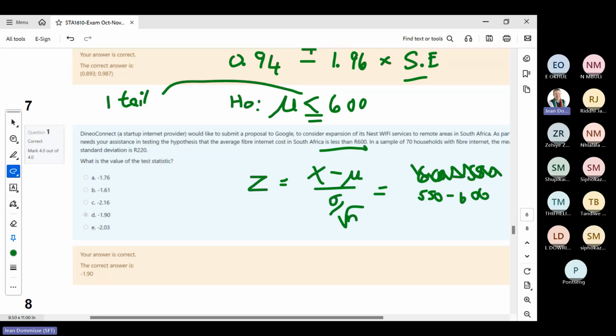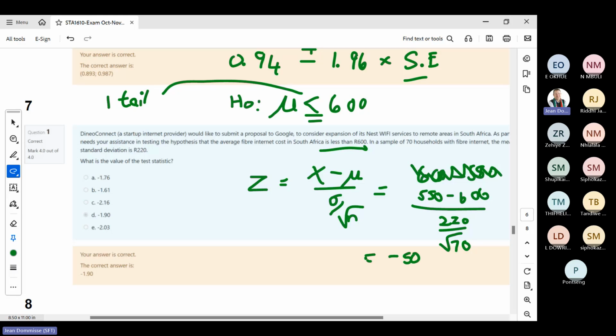So I just went the biggest first, but actually X is 550 minus 600 divided by standard deviation 220 divided by 70. Okay, so then at the top already, that is minus 50.